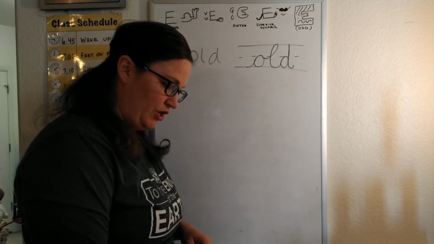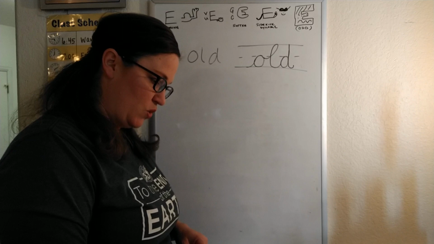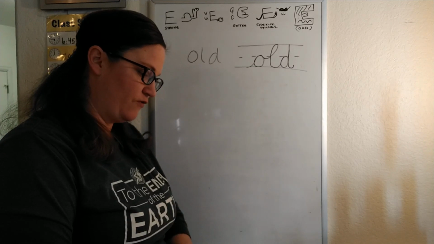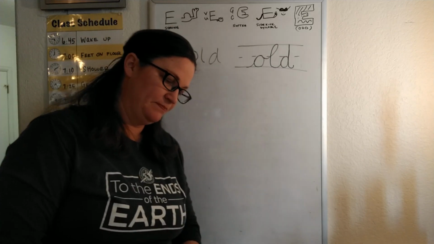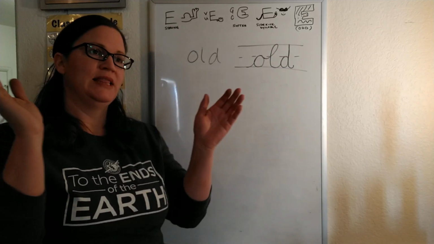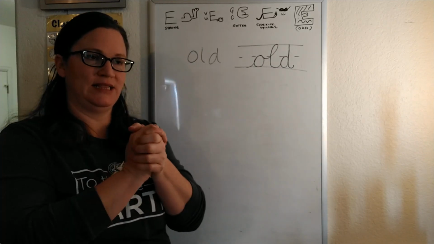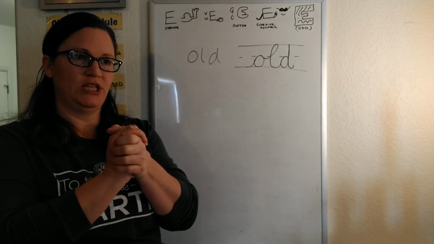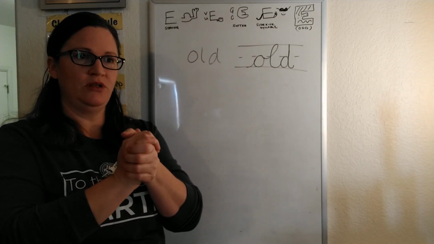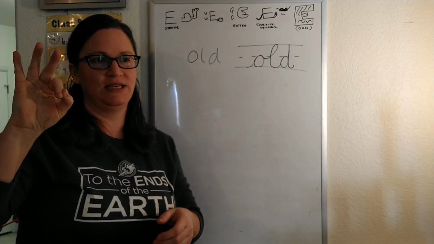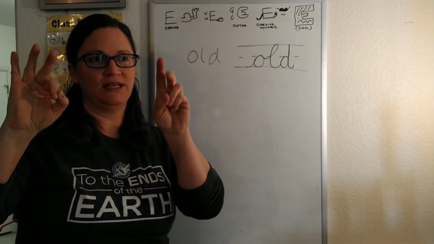All right, the next word is little. Great oaks from little acorns grow. Okay, so we're going to think lit-tle. Two-syllable word, little. First syllable, lit. Second syllable, tle.